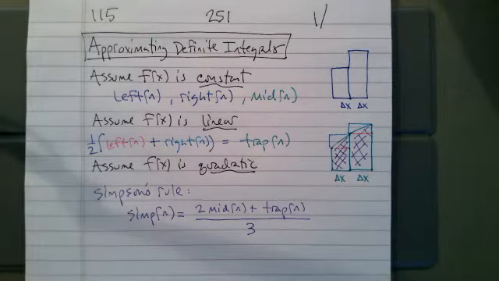And what Simpson noticed is that the difference between the actual value and the trapezoidal rule was about twice as much as the difference between the actual value and the midpoint rule. So he said, we will make an average, but we're going to count the midpoint rule twice since it tends to be closer.